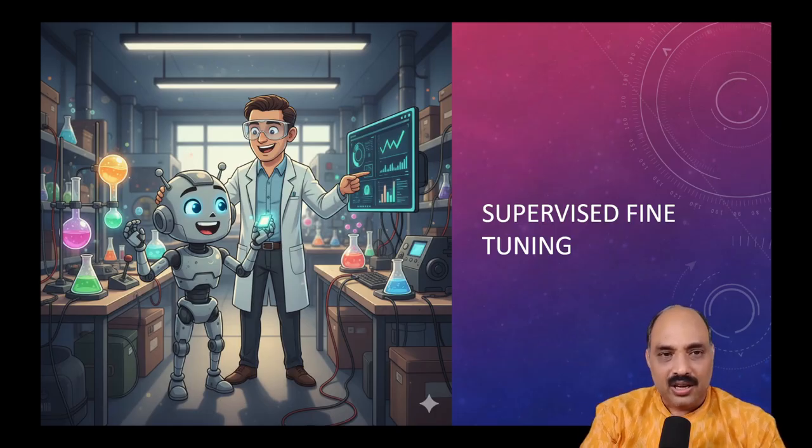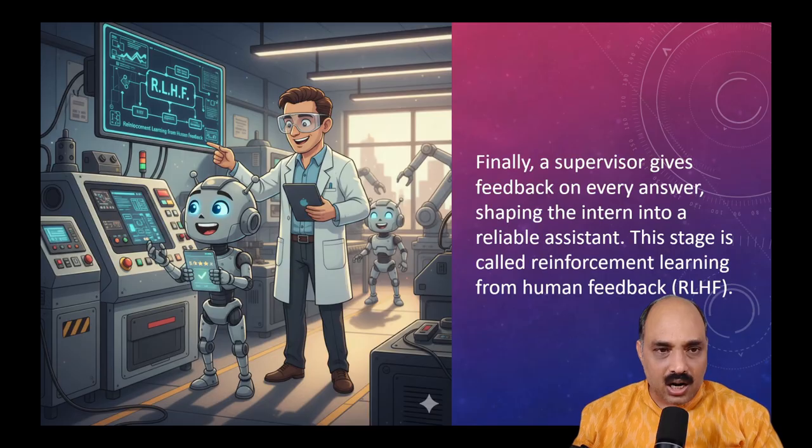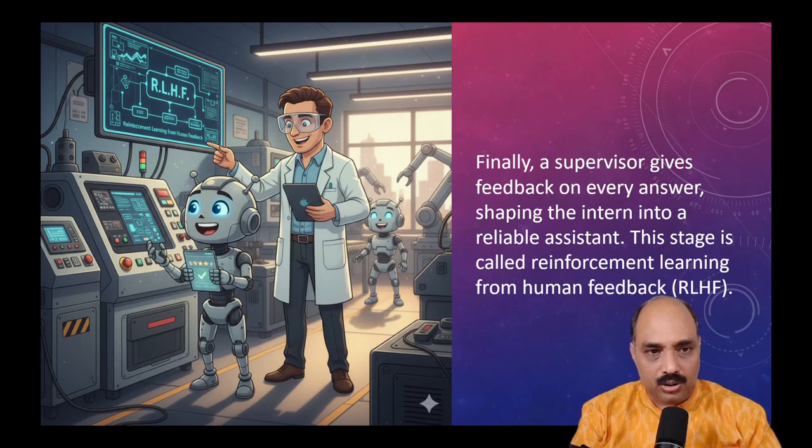So now he goes ahead and puts Chitti to learn some real-world tasks. When Chitti is given real-world tasks, there is a supervisor who will see the output of Chitti, measure each of them, and start giving feedback to Chitti on what to do and what not to do.